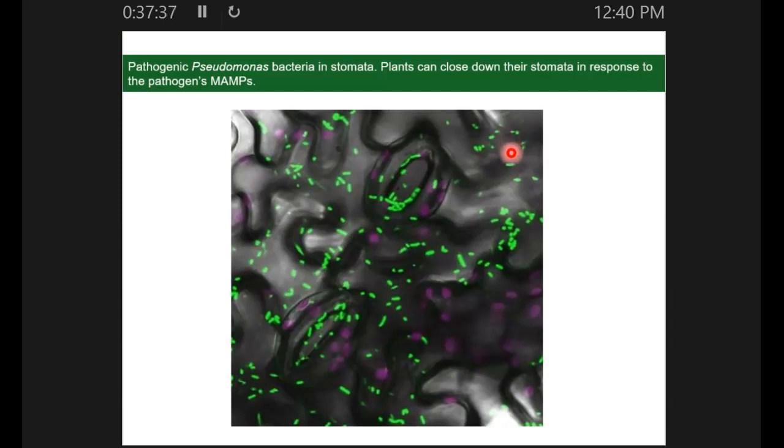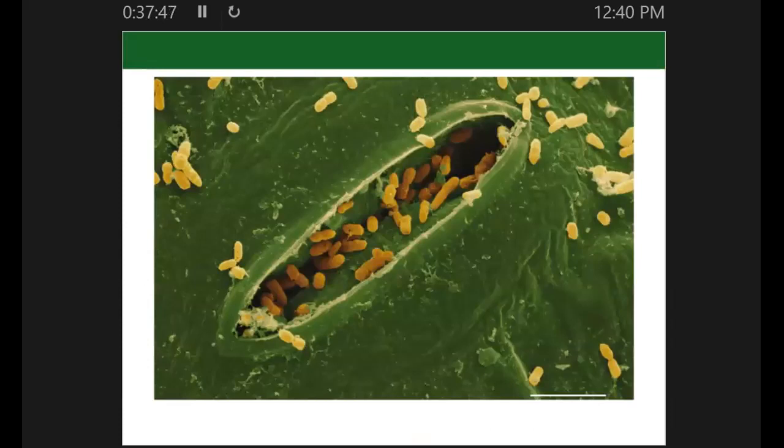So that's an easy way. See, they're on the leaf surface and in pretty good numbers just in this little tiny spot of the leaf. And they're definitely slipping in through the stomata. Here's another picture, really nice picture showing that idea. So both good and bad microbes can get in this way.